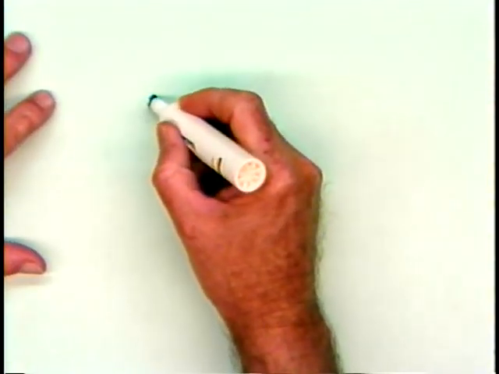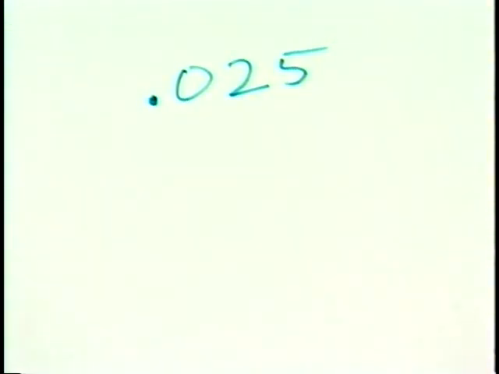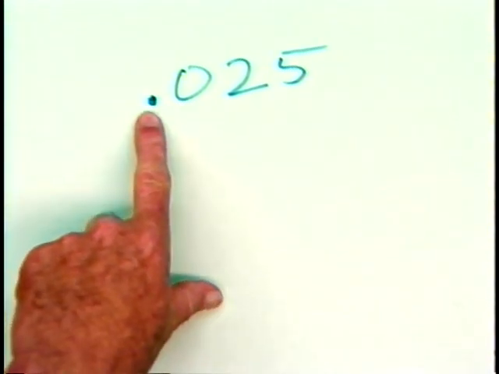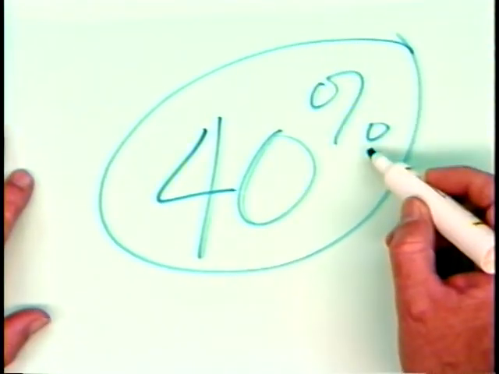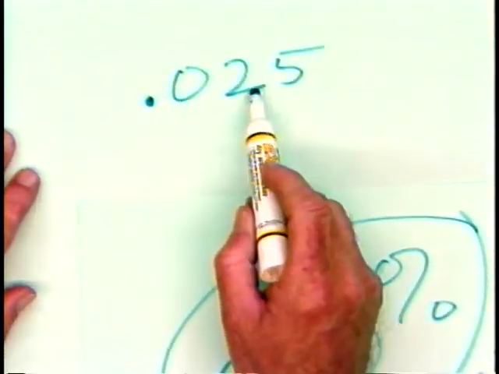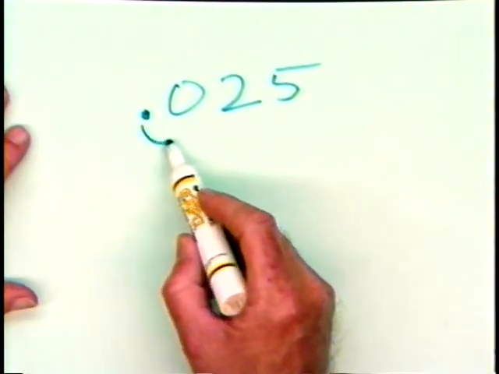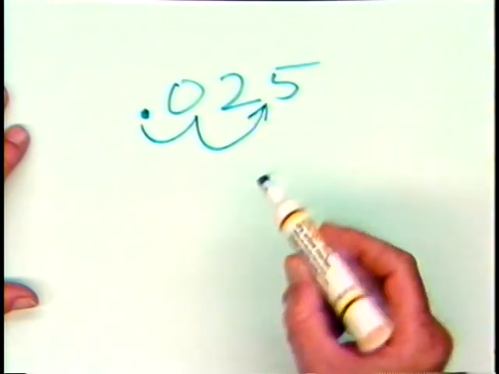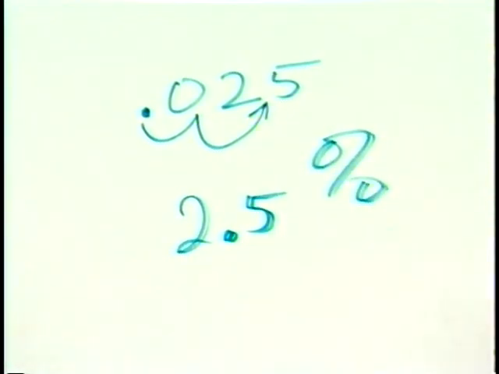Just as with decimal points, you would never want to look at this and think that that's the number 25. It is not. This is part of the number, which changes this drastically from 25. In fact, this is a symbol for decimals, but the hundredths decimal. So if we wanted to change this to a percent, we would move the decimal point 2 places to the percent, and of course stick the percent on.